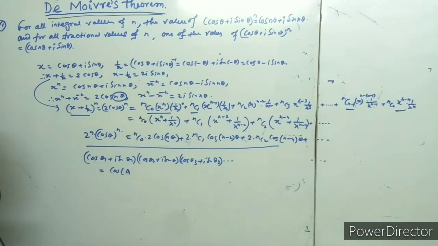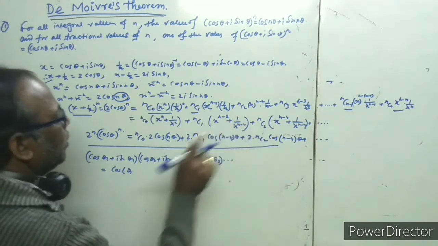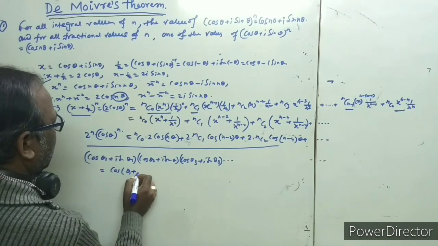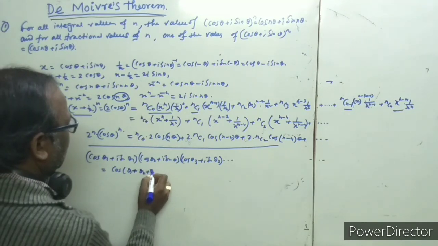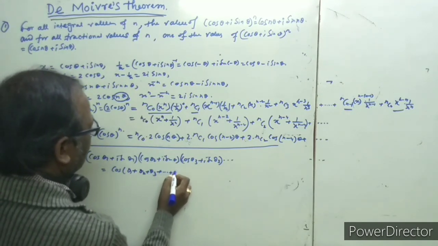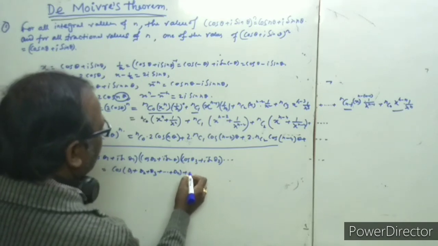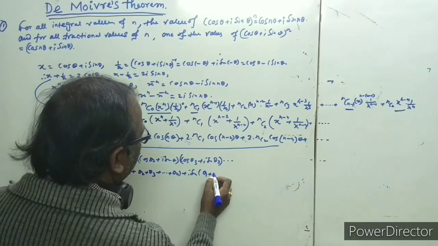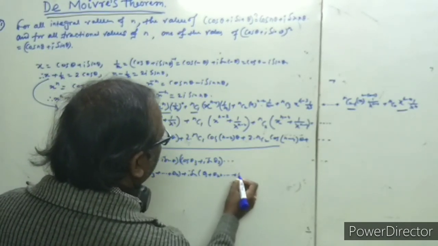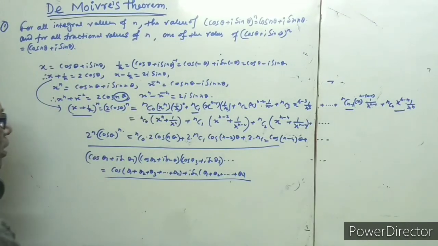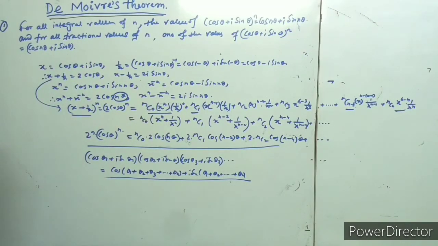If we multiply these two complex factors on rough paper, then we get the formula cos(theta 1 plus theta 2) plus i sin(theta 1 plus theta 2). Similarly, if we multiply n factors, then we get the sum of the angles: cos(theta 1 plus theta 2 and so on up to theta n) plus i sin of the same. This is what we get if we multiply complex factors.